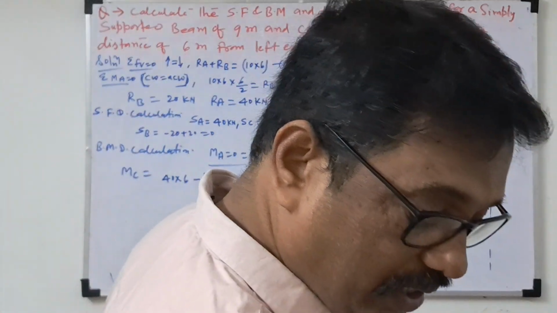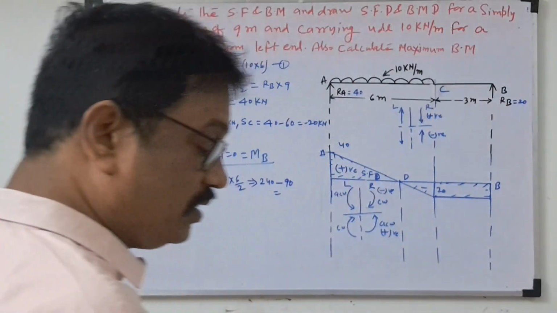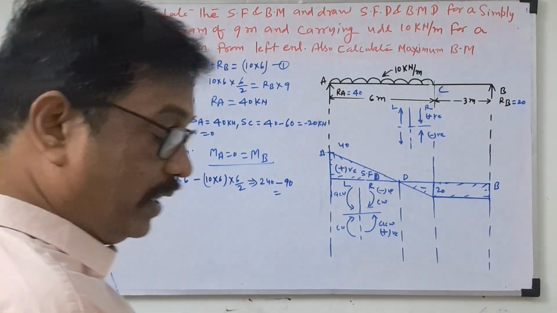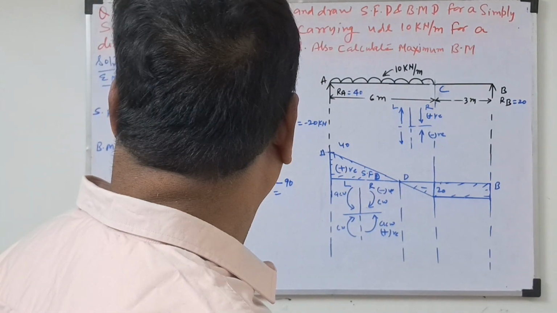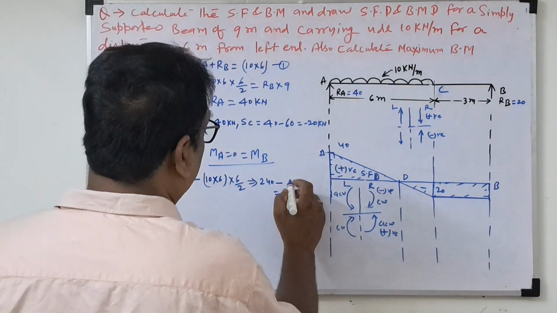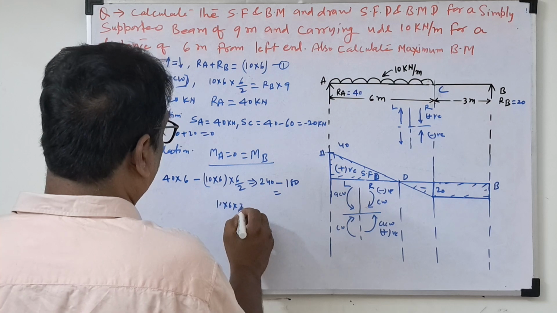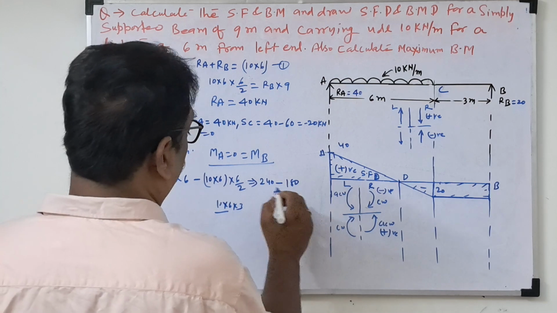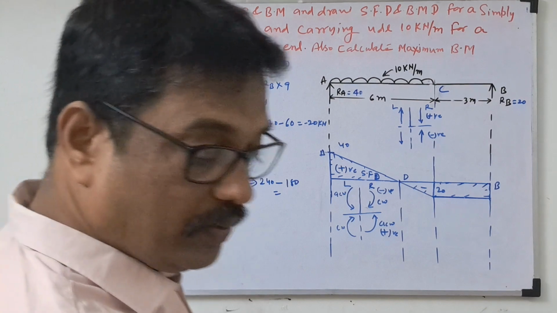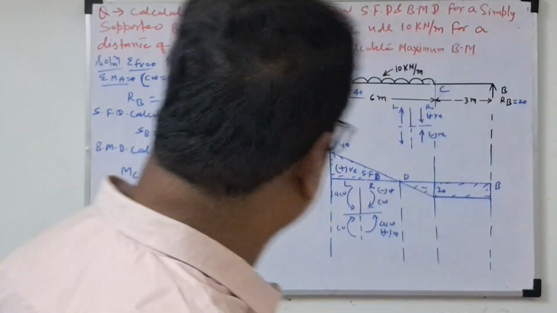We'll see the bending moment at C. Bending moment at C is coming 240 minus 180. See here, 10 into 6 into 3: 10 into 6 is 60, 60 into 3 is 180. So 240 minus 180, how much did we get? 60 kilonewton meter.